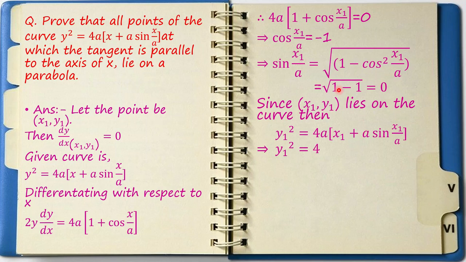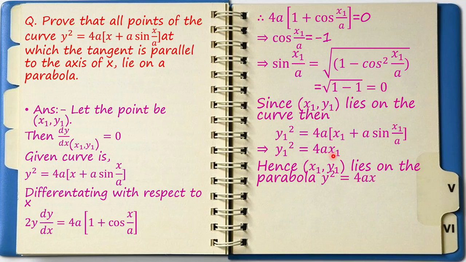Now by the condition, sin of x1 by a is 0, so putting the condition here, we find y1 square is equal to 4a x1. Now it's the equation of a parabola, so we can easily say this (x1, y1) is lying on the parabola y square is equal to 4ax.